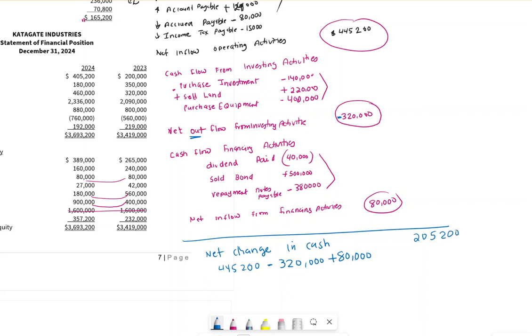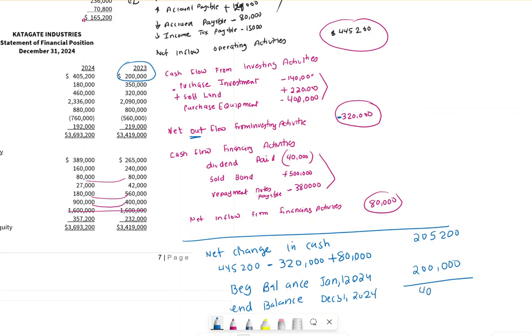And I have a beginning balance in my cash account, and I'm going to get it from the statement of financial position, and that will be January 1st, 2024. Ending of one becomes the beginning of next year. So this is my January 1st, and that will be your 200,000. And I have an ending balance on December 31st, 2024, and that is 405,200, and that's the balance we have here.